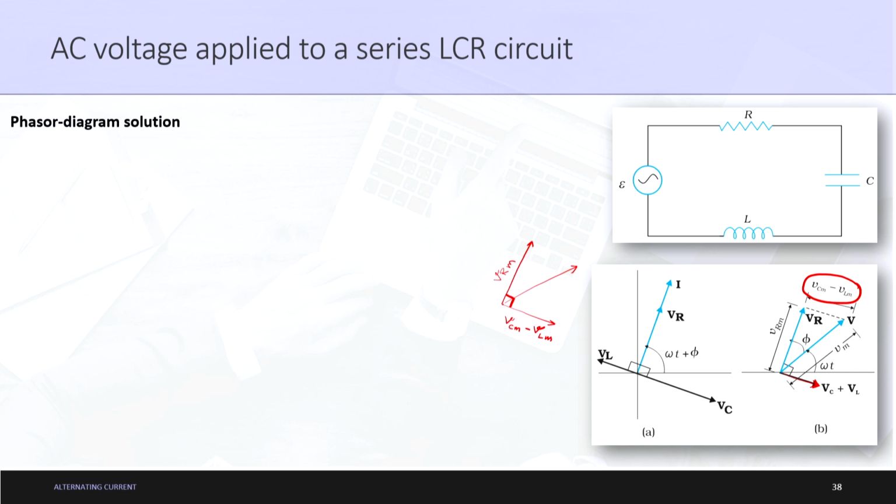Now, using simple vector addition, we know that this value can be calculated by using the triangle law of vector addition or the parallelogram law of vector addition, and therefore, we can get that this small Vm, or basically let me write like this, using vector addition we can get that Vm square is nothing but equal to Vrm square, please remember everything is small letters, plus Vcm minus Vlm whole square. Okay. So, this is the final relation which we obtain in terms of vector addition.